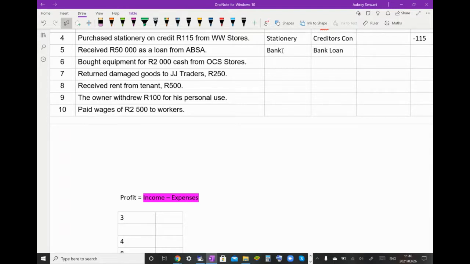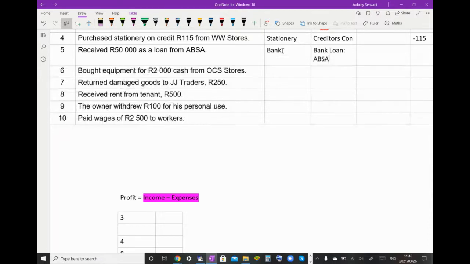Yes, we can say bank loan or we can say loan. Either one is fine. Then if you want to be really pedantic, you can just put ABSA there, because maybe we have a loan with FNB as well. All right? Okay, cool. Perfect.